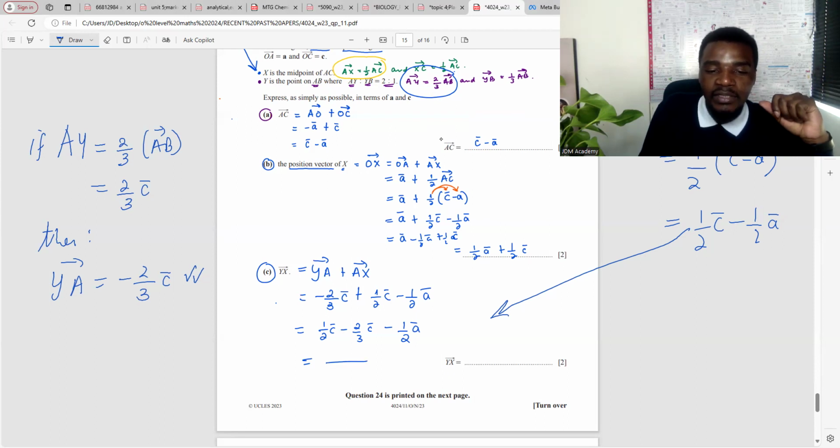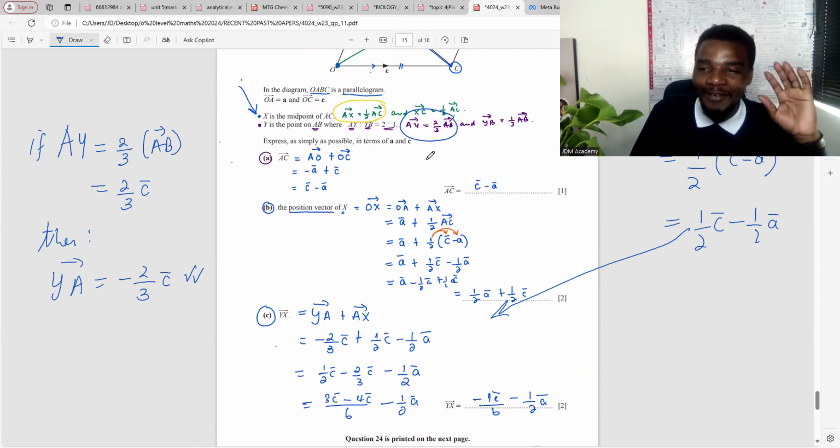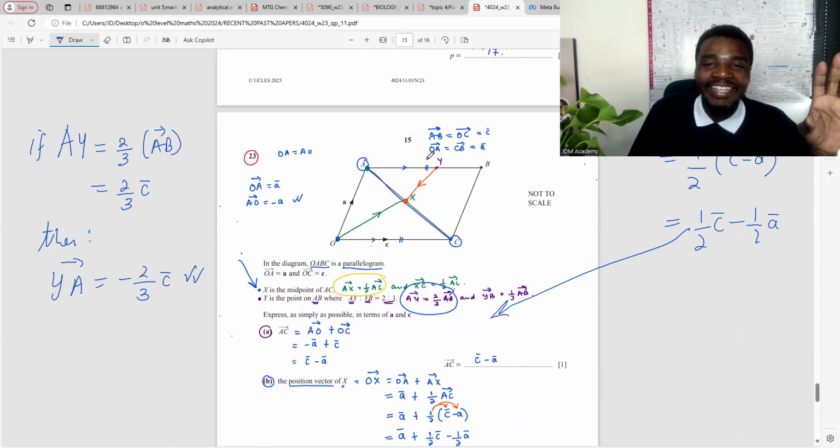Here the common denominator is basically 6. 2 into 6, you get 3. 3 times 1, you get 3 vector C. 3 into 6, 2 times this one, you get minus 4 vector C. All right? Minus 1 over 2 vector A. So if you simplify this, you're going to get minus 1 of vector C all over 6 minus 1 over 2 vector A. So yes, this is our final solution.